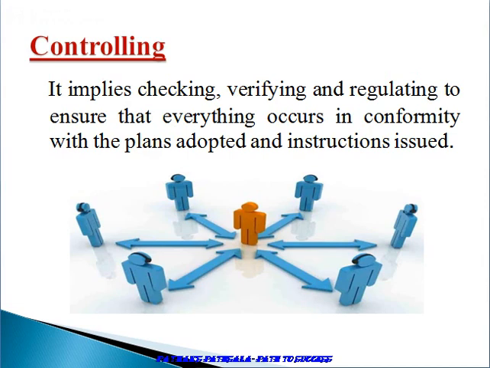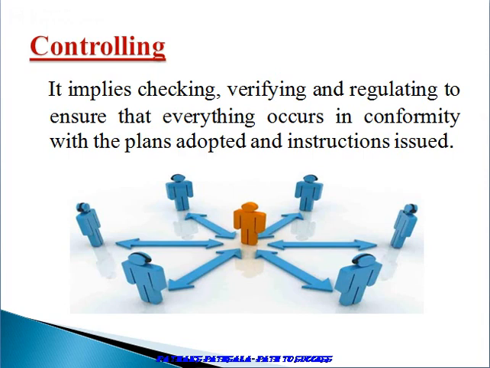The steps of any controlling process involve setting of standards, performance appraisal, then identifying the causes or reasons of deviation if any, and taking prompt action to bring it to the right track.